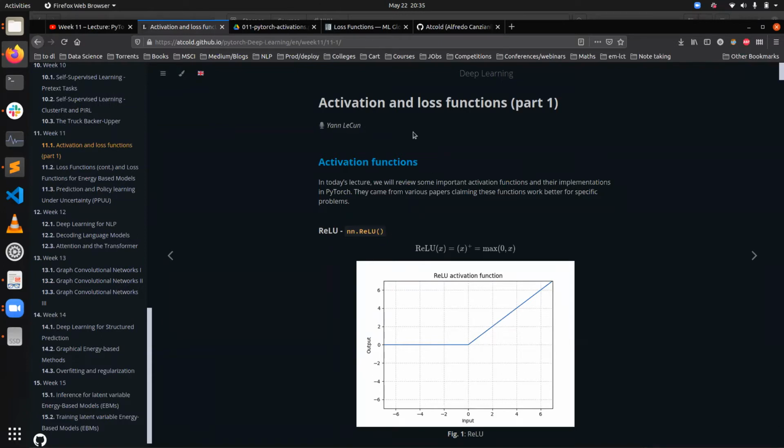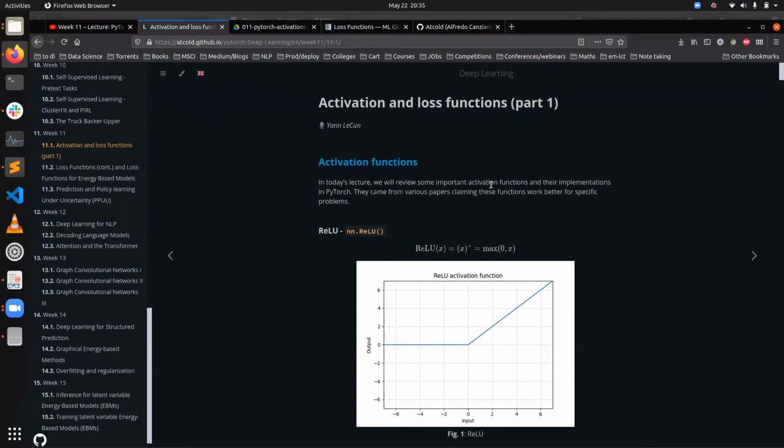So this lecture was basically about activation functions and loss functions. Not much discussion about any architectures or models.